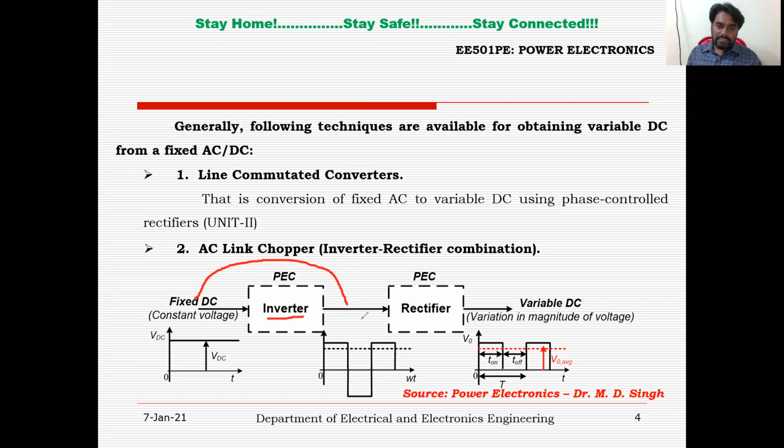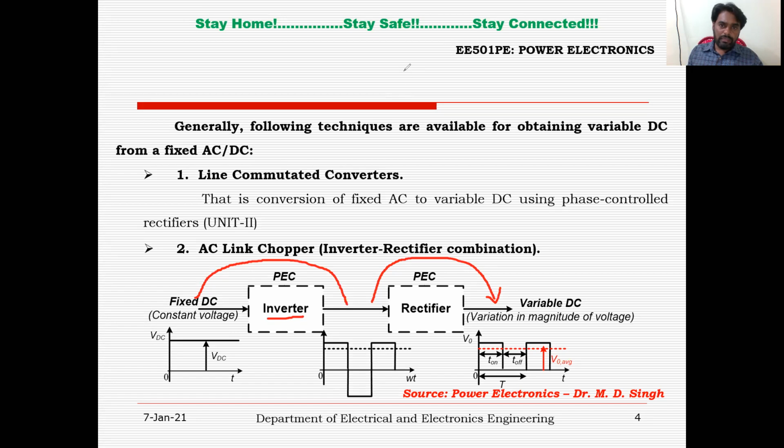Then the AC is converted into variable DC with the help of a rectifier. So you require two power converters. The cost of the system will increase, space will increase, and there is a reduction in efficiency because more components are used. So these are certain drawbacks.